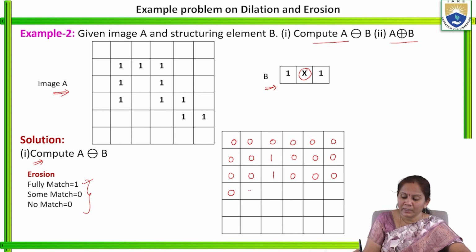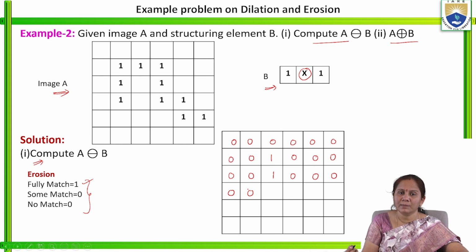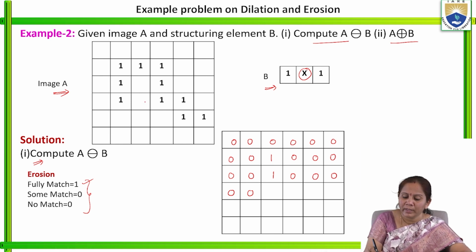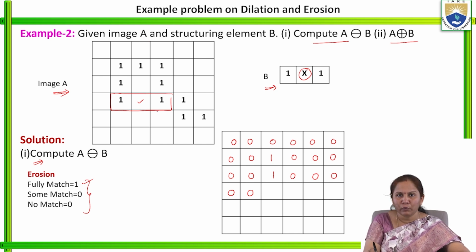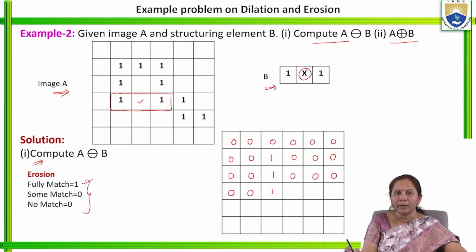We can have 0 here because it comes under some match. So if we shift the structuring element to find this value, both are ones. Here there is don't care. So it comes under fully match. So here the value will become 1.